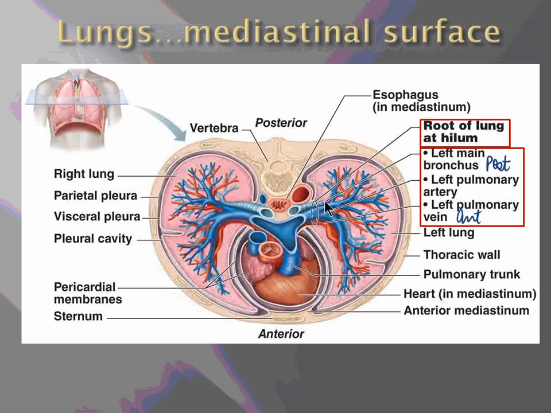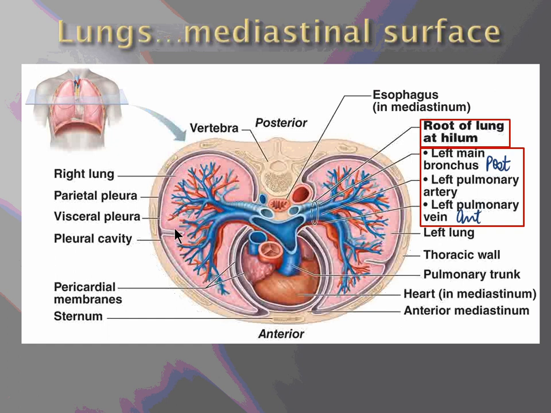So here in this cross section, you can see really well, you can see the bronchus going in. Notice how the artery and the veins follow the bronchus. The reason being the bronchus goes and divides into bronchioles, which become respiratory bronchioles and finally give rise to alveoli. And that's where gas exchange has to occur. So that's why the pulmonary vessels closely follow these around.